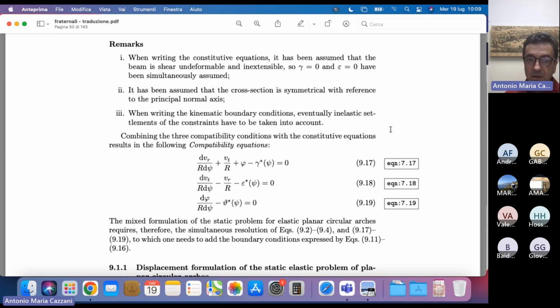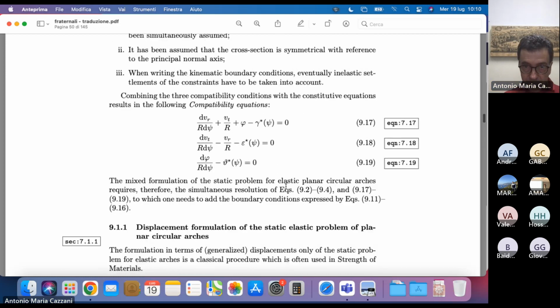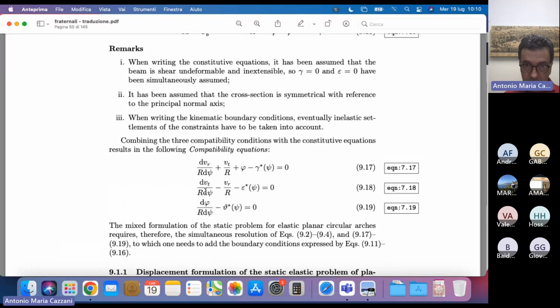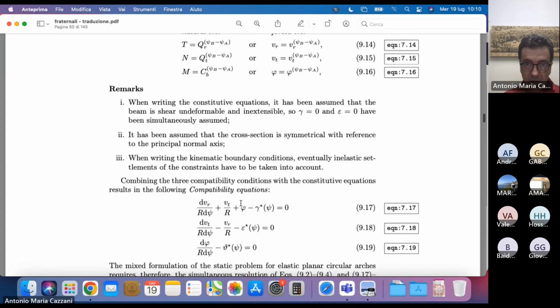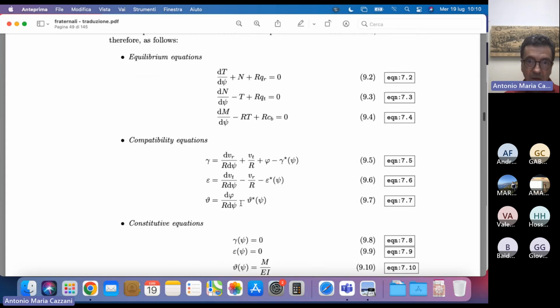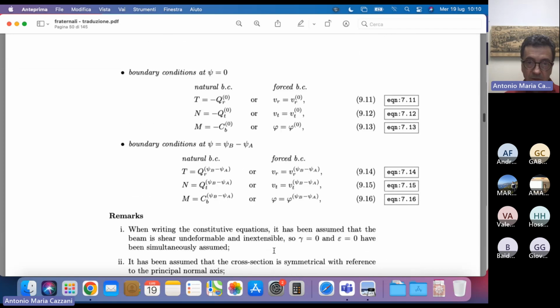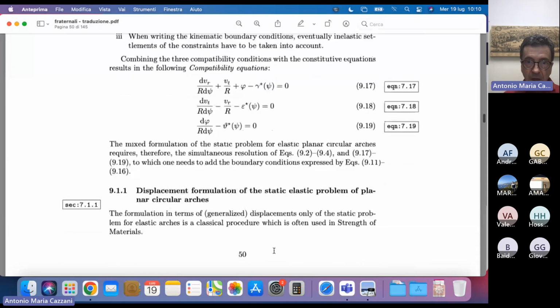Then, combining the compatibility condition with the constitutive equation, we have these compatibility equations, with the hypothesis that gamma is equal to 0 and epsilon is equal to 0.